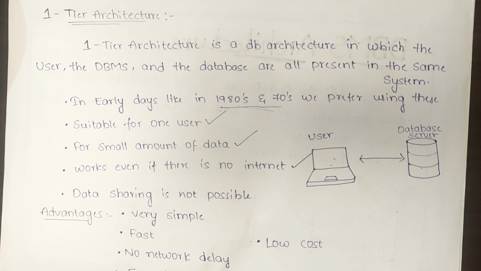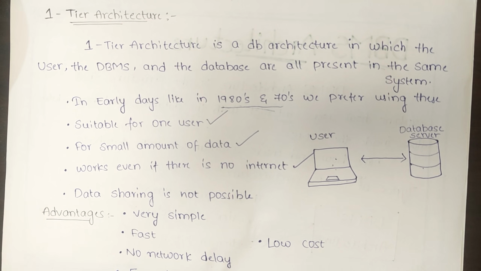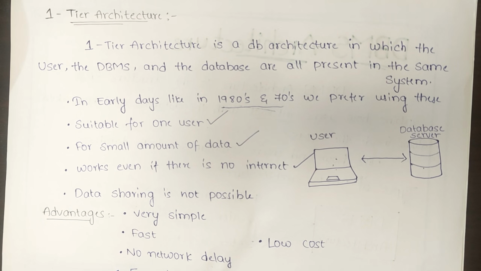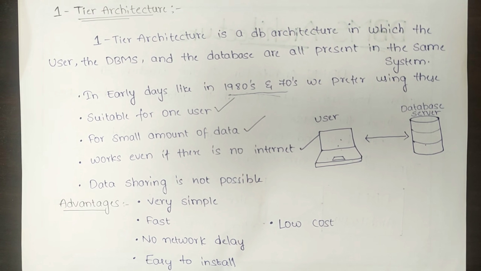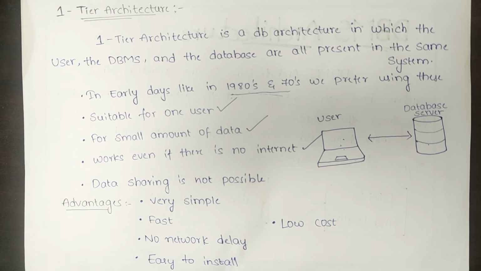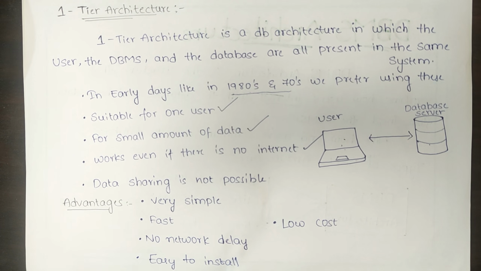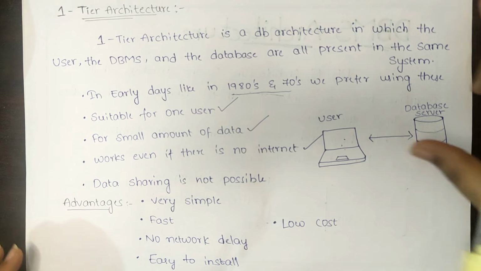As organizations became larger, one person using one computer was no longer enough, because people wanted multiple users to access the same database. That's where two-tier architecture was introduced.